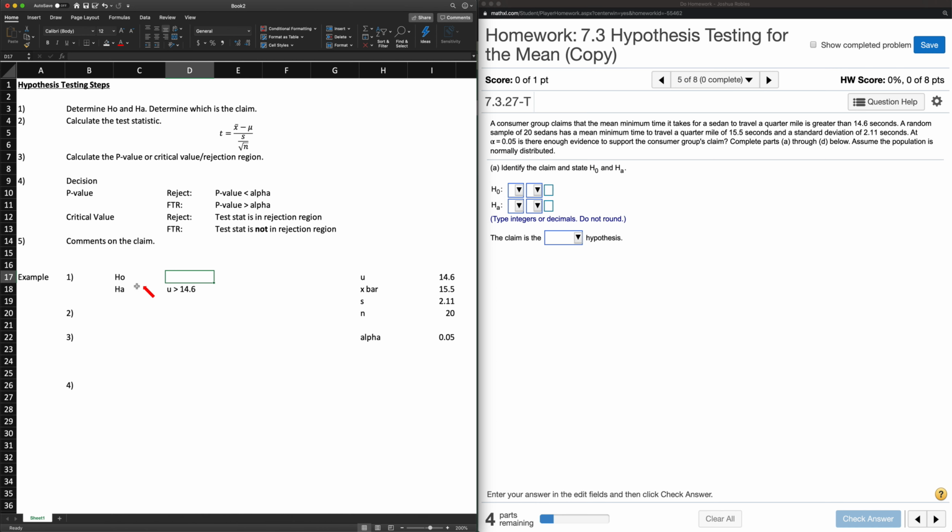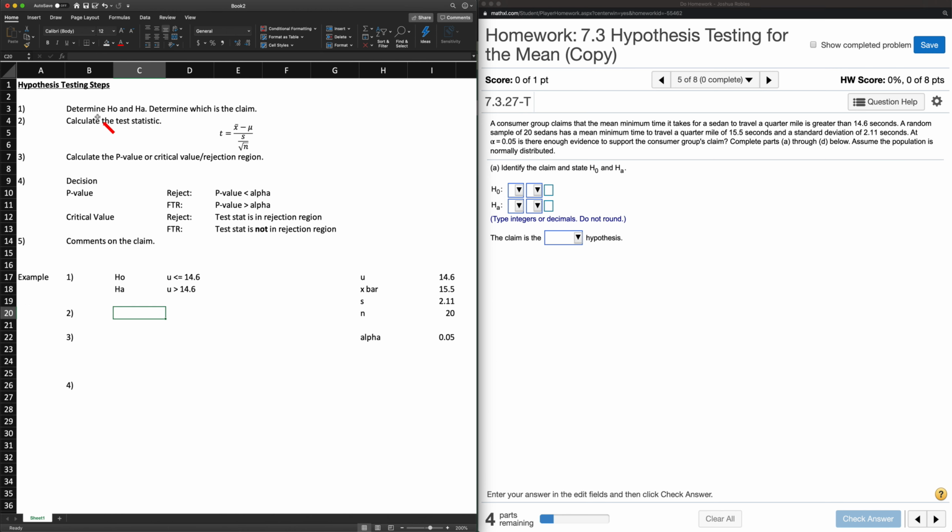So each of these hypotheses are always complements to each other. The null hypothesis should include the equality, and the alternative hypothesis should not include the equality. So then now we just need to make the opposite of that. The opposite of being greater than 14.6 is being less than or equal to 14.6.